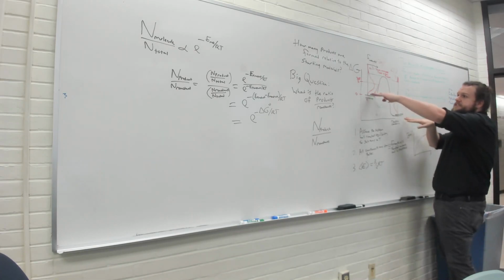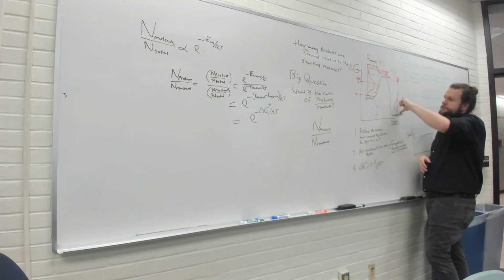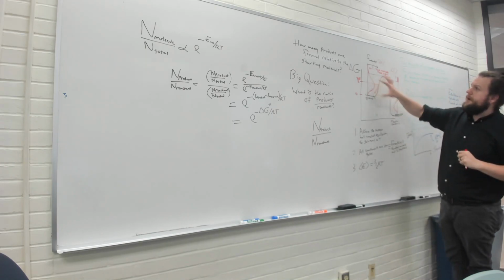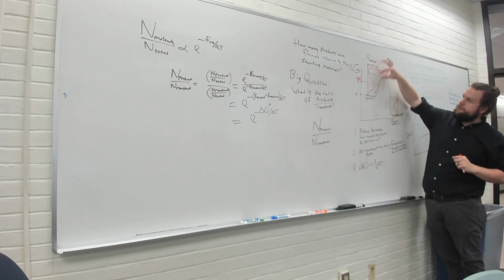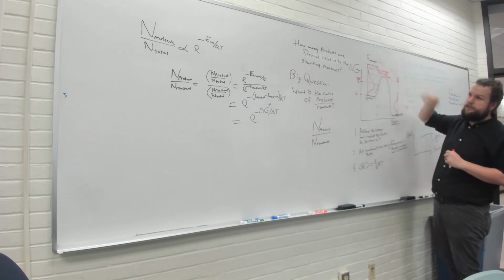Because ultimately it's set by this distance. This is much lower in energy, so thermal energy only adds a little bit of energy compared to the barrier on the product side. But on the reactant side, the barrier is much closer to the reactant, so the heat of the material allows you to get molecules over more easily.